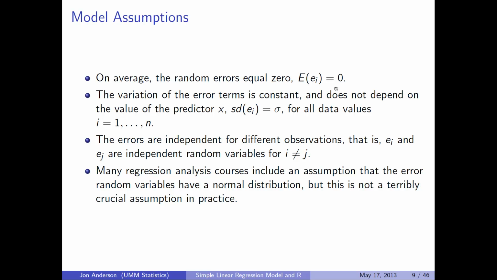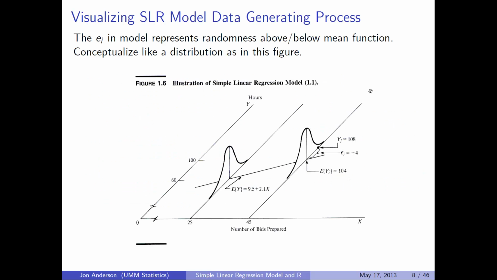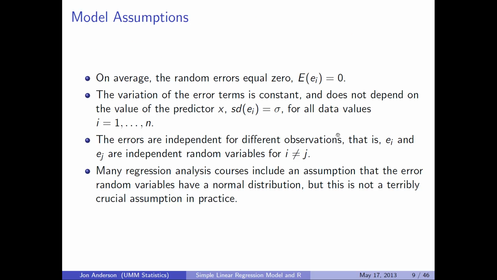So on average, y values are possibly above the mean function or below the mean function. A random error value of 0 would mean that the y value is being placed exactly on the mean function, right exactly on, say, this line. That's what it would mean for a random error component to be 0.